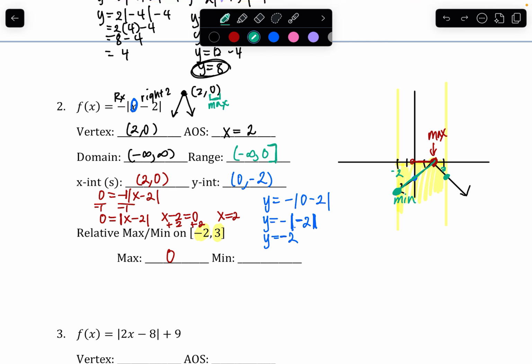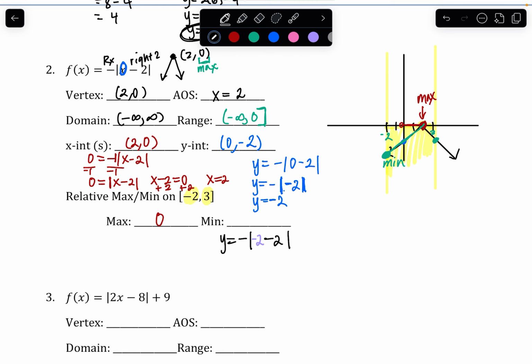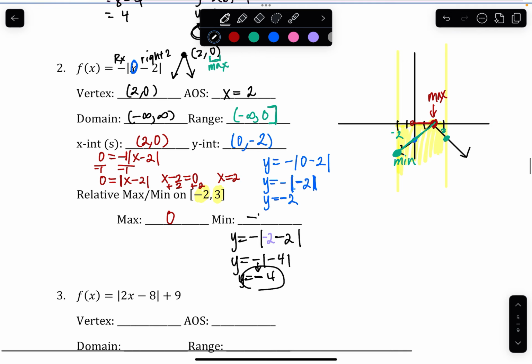Since I know my minimum is at -2, negative absolute value of x minus 2, and we're plugging in -2. And so inside the bars, we need to evaluate that first. -2 minus -2 is -4. Absolute value of -4 is +4. And we still have that negative outside. And so that's going to be our minimum.